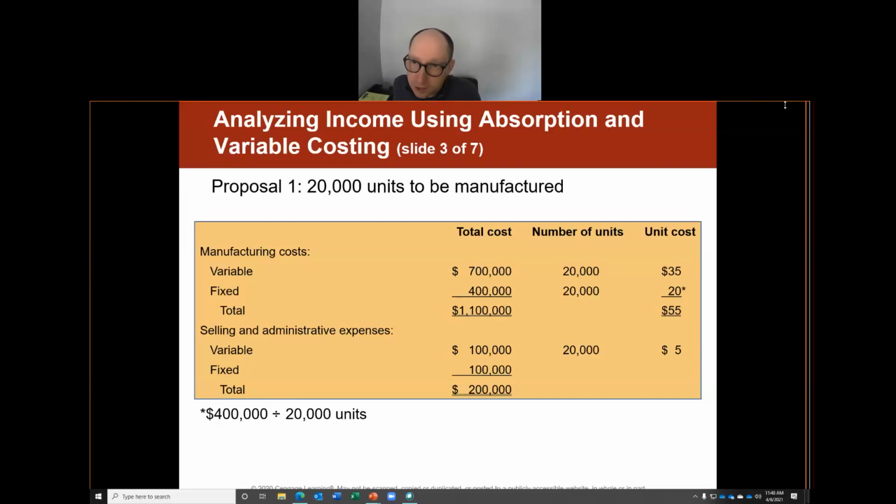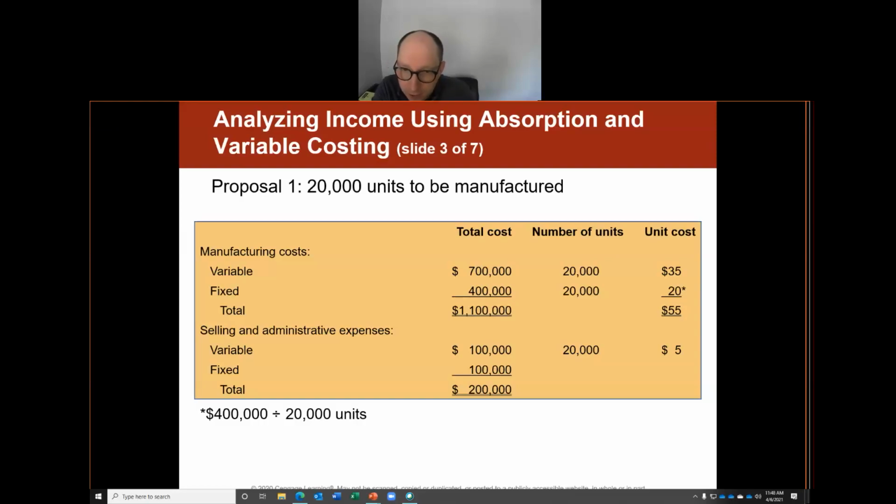First, we figure out our variable and fixed manufacturing costs. We have variable manufacturing cost $35 per unit, fixed cost $20 per unit. How did we find the $20 per unit of fixed cost? Well, we have total fixed manufacturing costs of 400,000, and we're going to make 20,000 units.